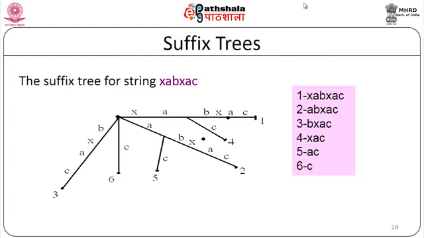So XA, BXAC and XAC are put together. Now you have AB, XAC, and you have AC coming. So that is taken from there. Then you have BXAC separately, and then you have C. So this is how the suffix tree looks like.